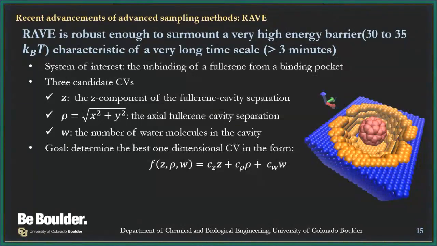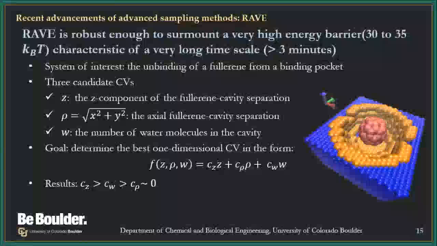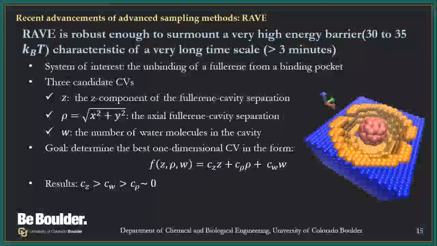This implies that the distance between the ligand and the cavity is more dominant than the number of water molecules in this case. And most importantly, this example shows that RAVE is robust enough to provide molecular insights, even if the energy barrier associated with the phenomenon we are interested in is very high.